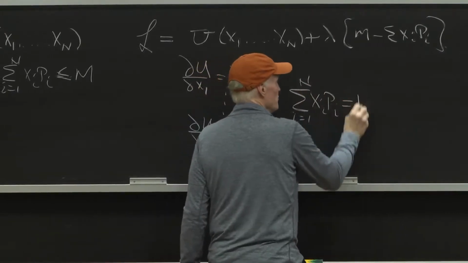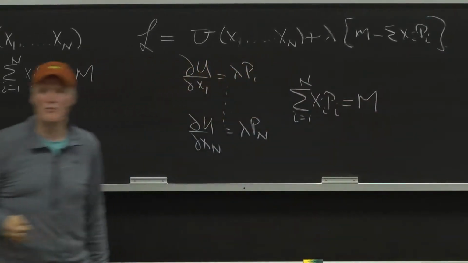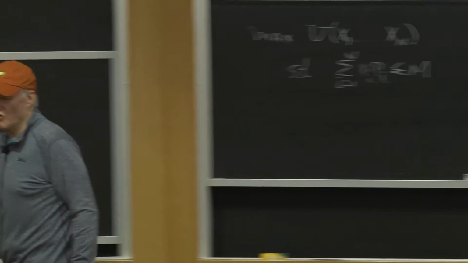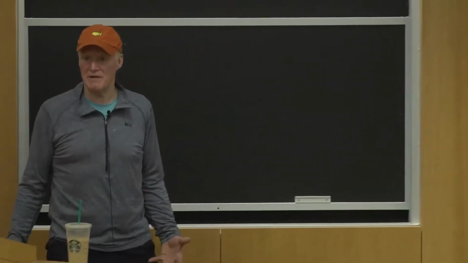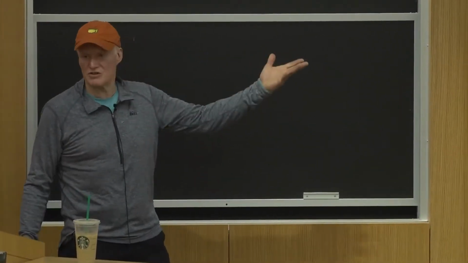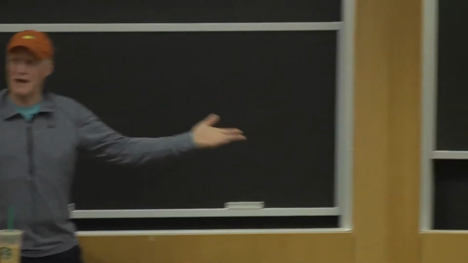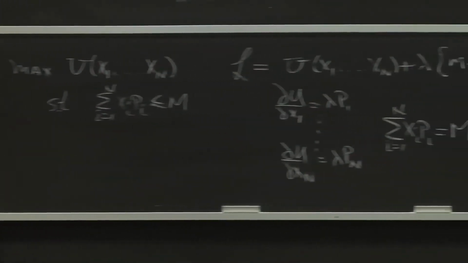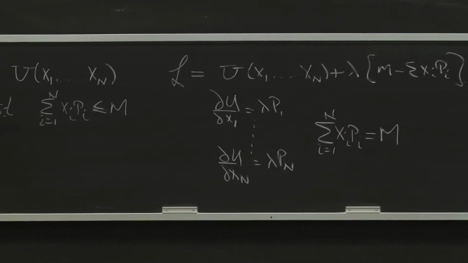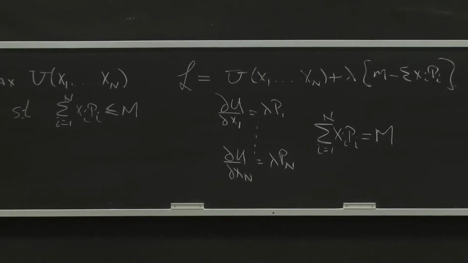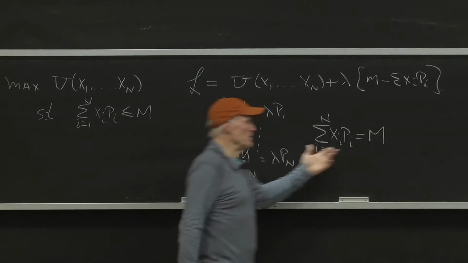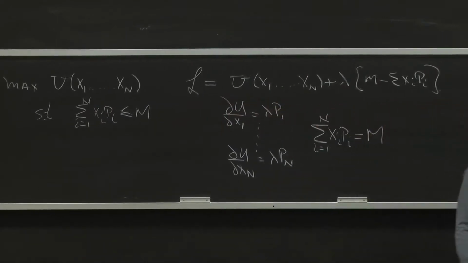And we just assumed you exhausted your budget, which is a pretty weak assumption, right? As long as you have something you value spending money on, in this problem, you'll exhaust your budget. Even if you got tired of n minus one of the goods, as long as there's one good that you want more of, you're going to exhaust your budget. You'll just spend whatever's left on that one good. So these are pretty weak conditions.